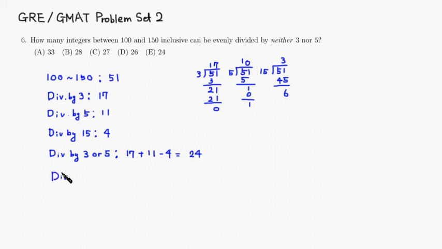Divisible by neither 3 nor 5 would be just 51 minus 24, which is going to be 27. Therefore, the answer is C. All right, that's it. I hope that this was clear.